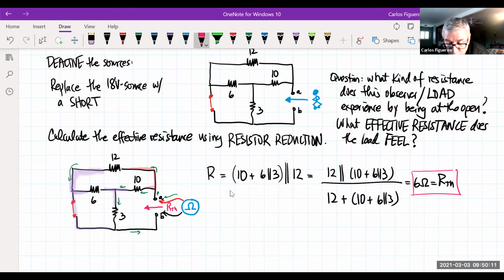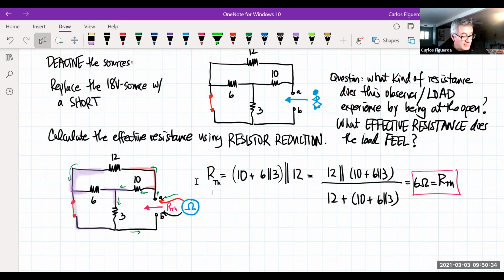So using this technique, I'm using resistor reduction with independent sources that I set to 0 so that I get the effective resistance that the load would see at that location. That is method 1.